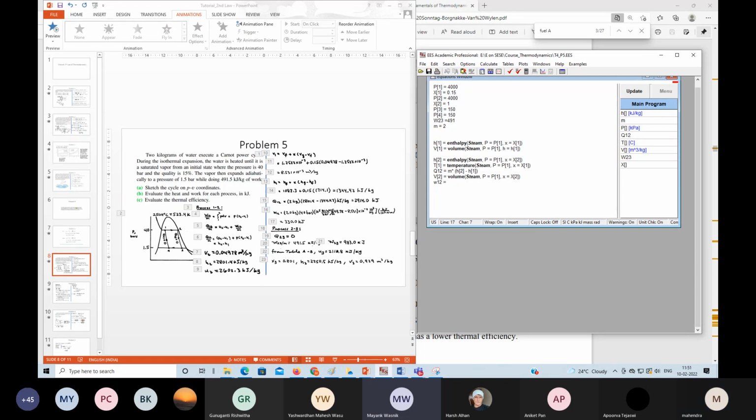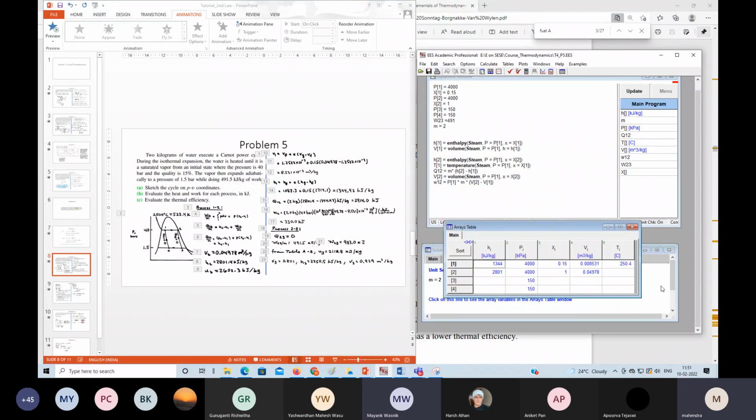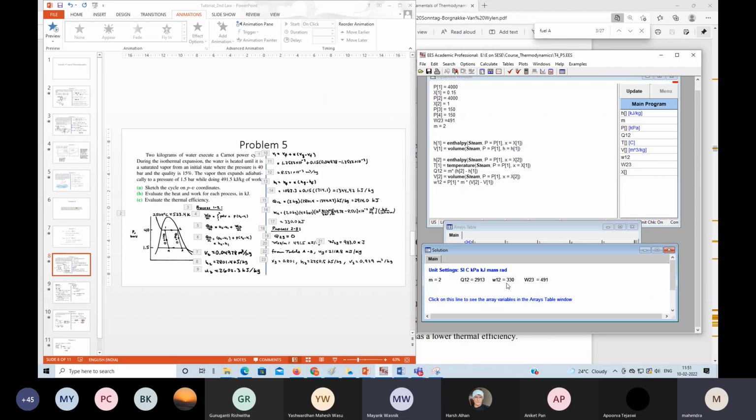It is P1 and also mass multiplying V2 minus V1. Okay, so let me check. This is the data, right? So this is what we are getting over here. Okay, that is fine.